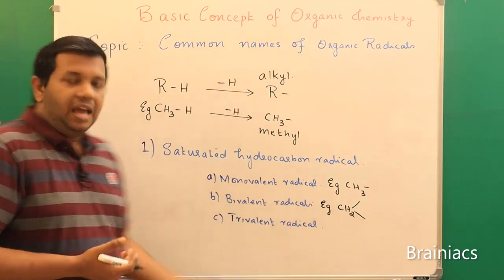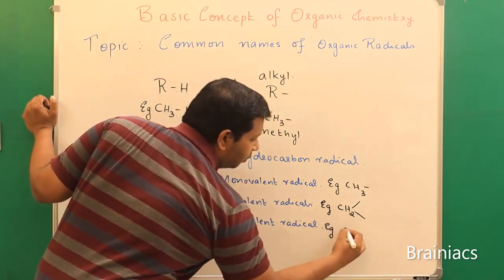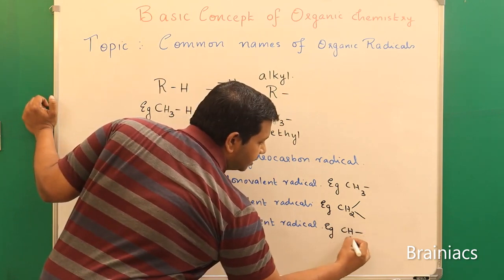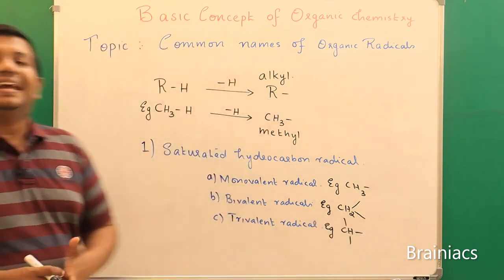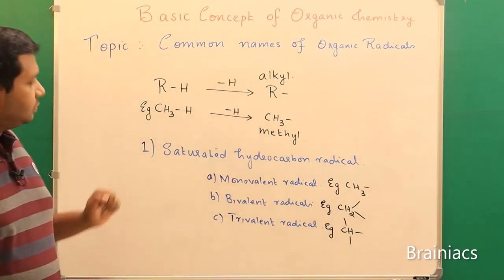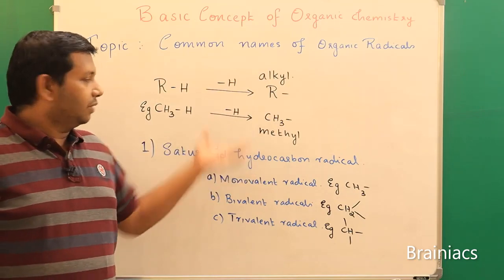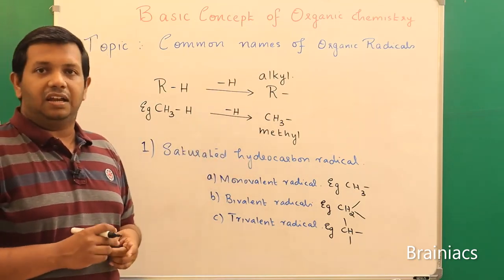Bivalent radical. And if one more H is replaced, what will happen? CH, this will be like this. So this is an example for a trivalent radical.